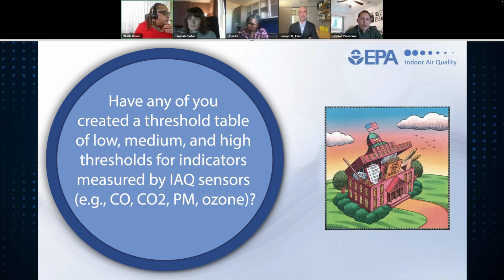We are working with our facilities department to develop a threshold table of low, medium, high thresholds for each of these indicators. Have any of you created a table like this? So that's for any of the speakers or all of the speakers.